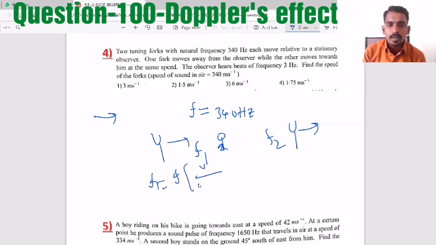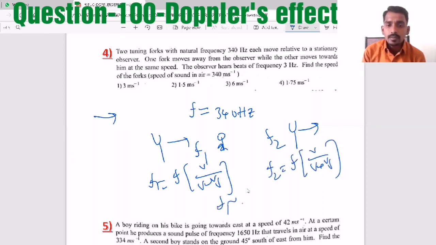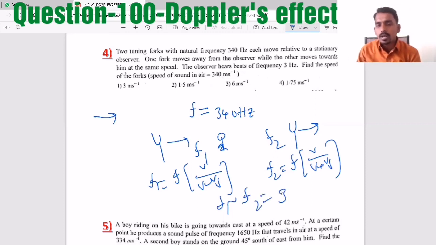Approaching means F1 equals F into V by (V minus Vs), and receding means F2 equals F into V by (V plus Vs). And the difference F1 minus F2 equals the number of beats, that is 3. So now we have all the equations: the speed of sound, the frequency and the beat frequency are there, so you can substitute and calculate. Here they are connecting beat frequency questions with the Doppler effect; they can connect beat frequency questions with stationary waves as well as with the Doppler effect.